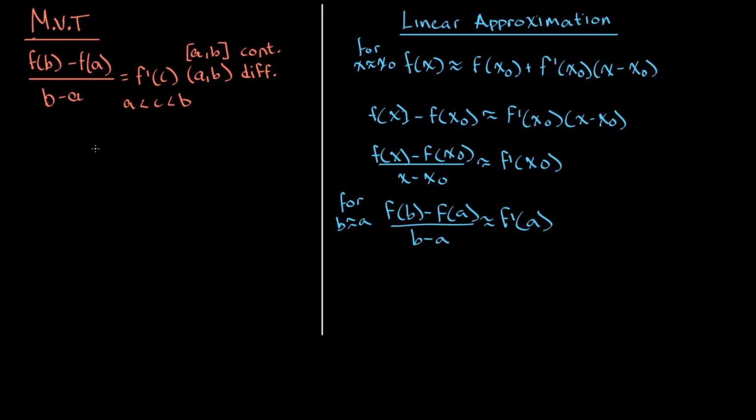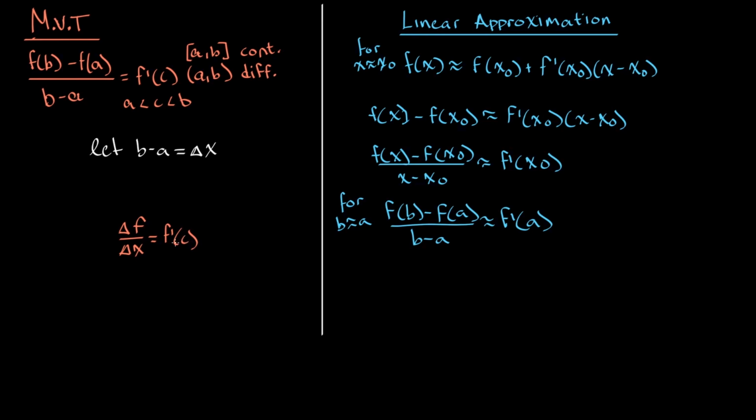So let's just get a few more notation bits out of the way. We're going to let b minus a be equal to delta x, so change in x. And then f of b minus f of a, we're going to let equal a change in f, so delta f. Rewriting the mean value theorem, we have delta f over delta x is equal to f prime of c.